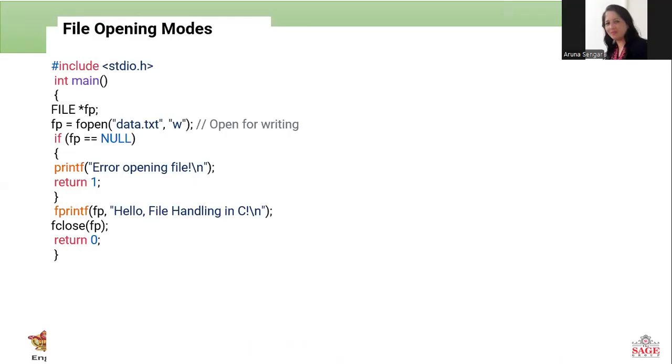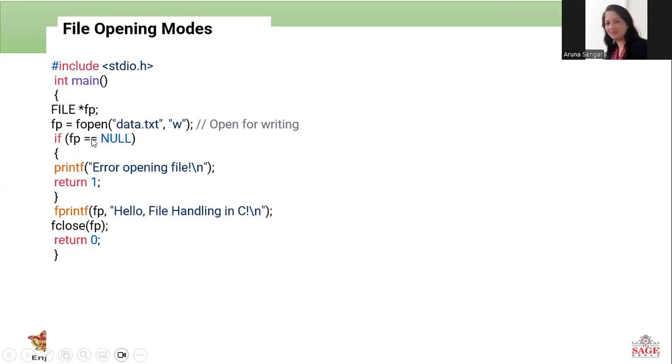Here is one example of how to open a file in write mode and write data in the file. First of all, we have to include the standard input output header file. Then we open the main function. Then we declare a pointer fp of file type. In this pointer, we open a file named data.txt in write mode.